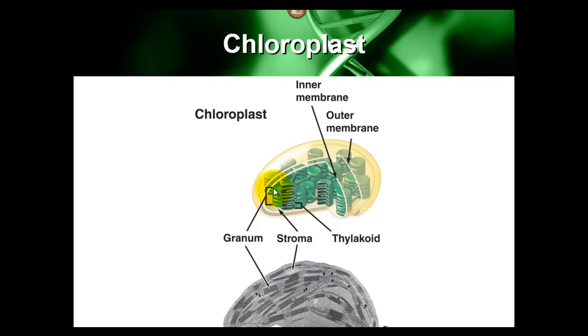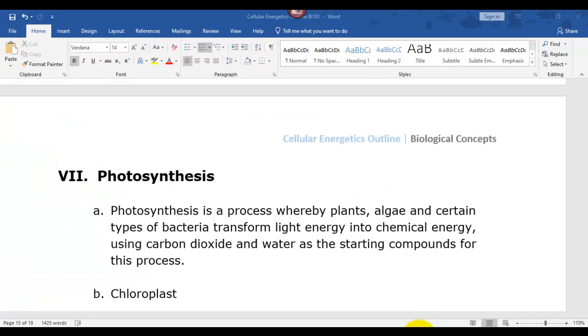The whole stack is called a granum. Inside those stacks, and here's the chloroplast, is where you find the chlorophyll. Chlorophyll is very important. It's what stores light energy so that plants can power their functions.